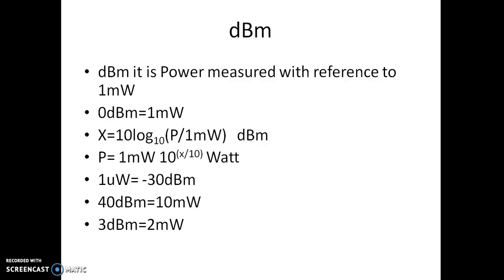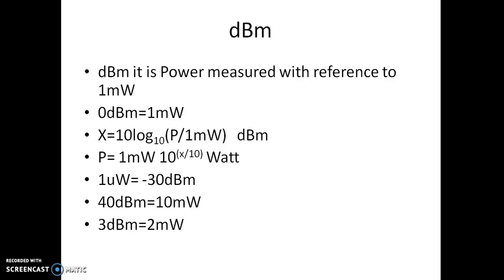In RF we deal with very small powers, so instead of specifying the power in dB, we specify it in dBm. The only difference is that when power is expressed in dB, the reference is 1 watt, and in the case of dBm, the reference is 1 milliwatt.